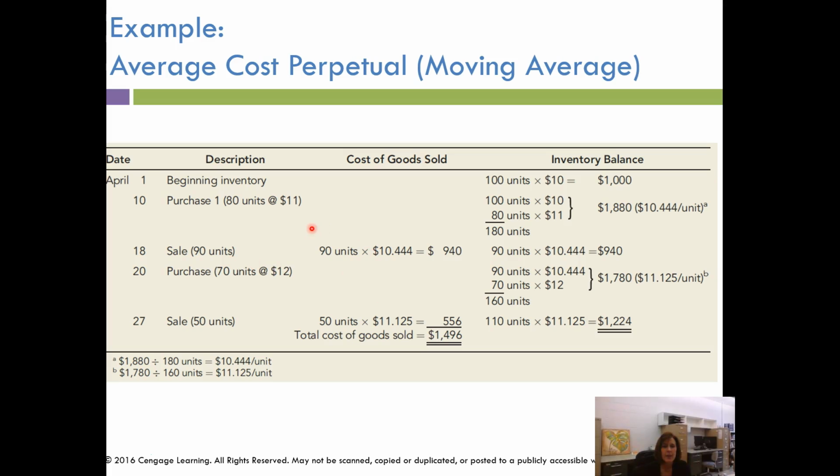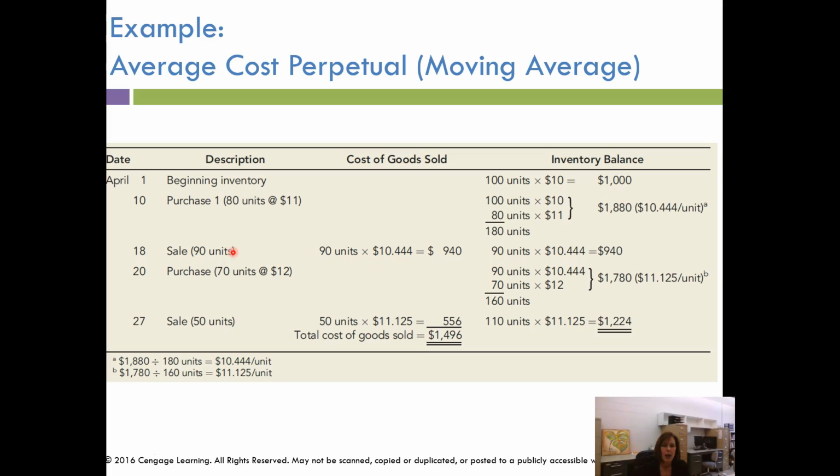So now we're selling 90 of these units at $10.44, so for $940. We could continue to sell at this $10.444 per unit. And we don't have to do a new weighted average calculation until we buy some more units.